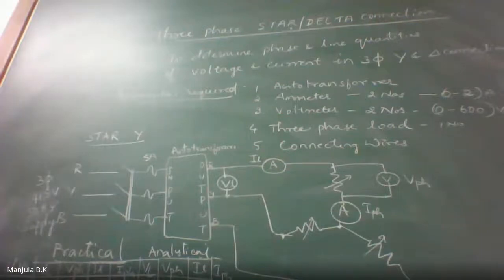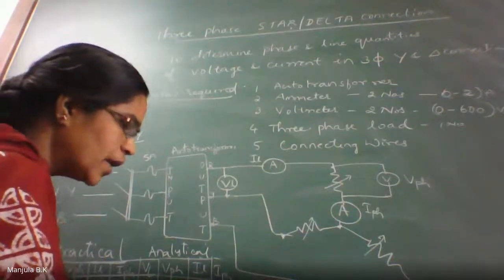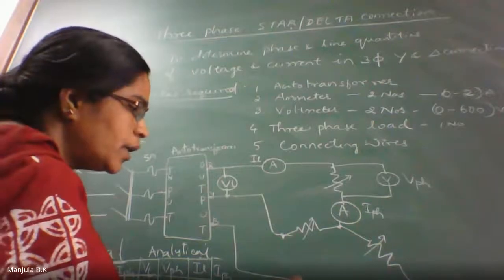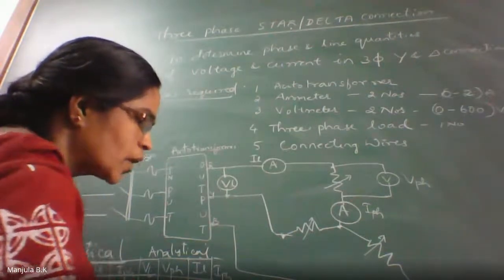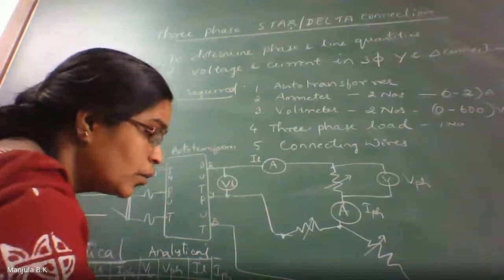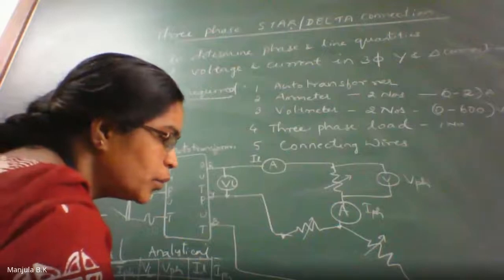But in our laboratory, we use the standard notations, that is UVW. So instead of R, we will have U and V and W, and U1, U2, V1, V2, W1 and W2.